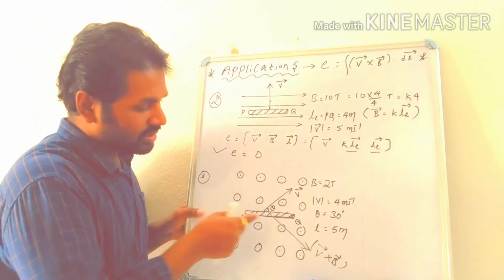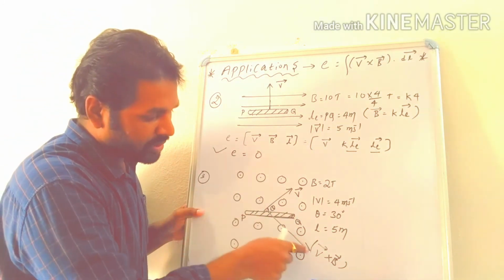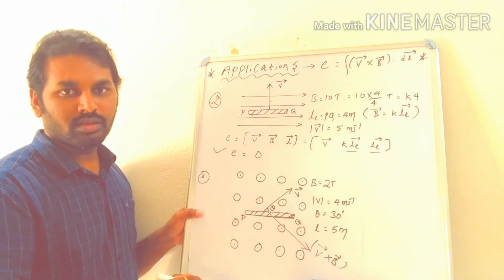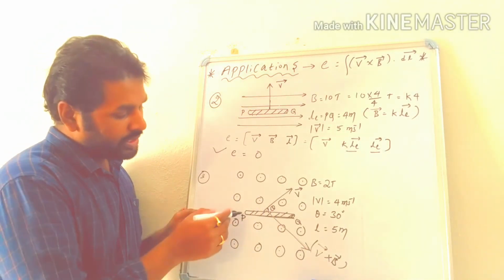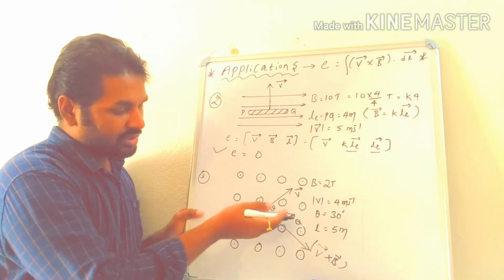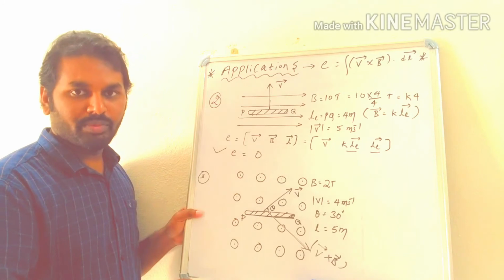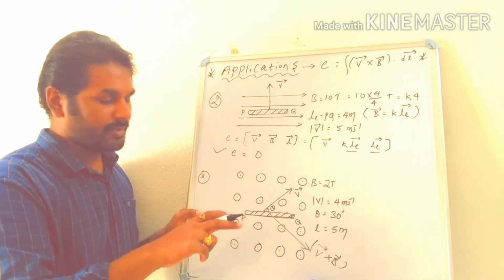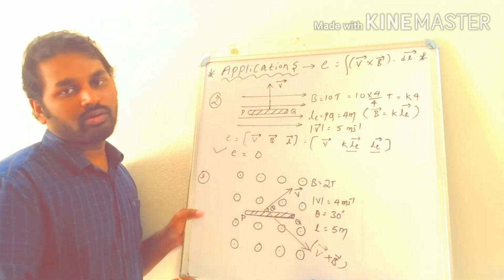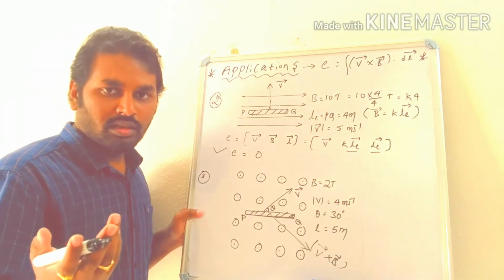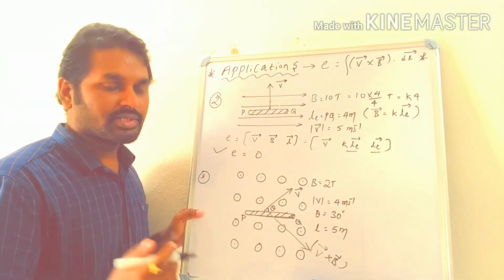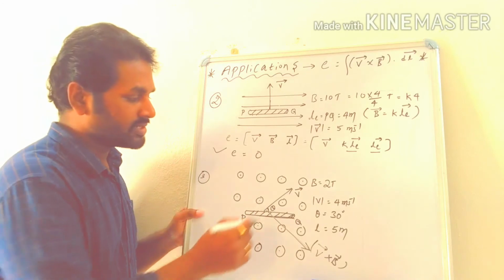Now we need to take the length of the conductor which is perpendicular to this V bar cross B bar, which means we need to take the length of the conductor along the direction of V bar, which becomes perpendicular to V bar cross B bar. So very easily we can resolve the length into two components.